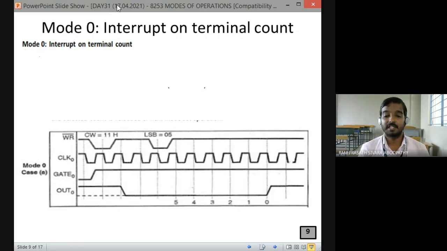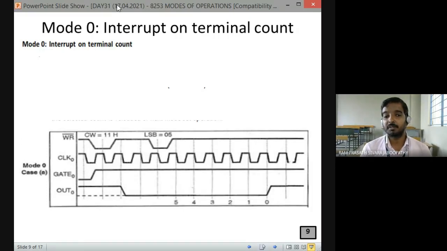Terminal count here means the minimum value, the least possible value the counter can have. One decrement below that, what will happen? The value becomes FFFFH. So once the terminal count is reached, counting is over. We call it overflow whenever the value changes from FFFFH to 0000.